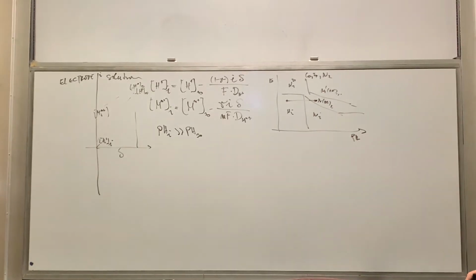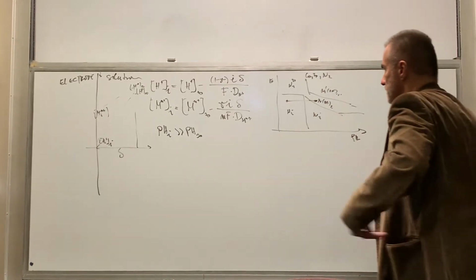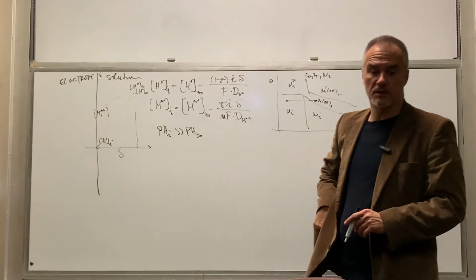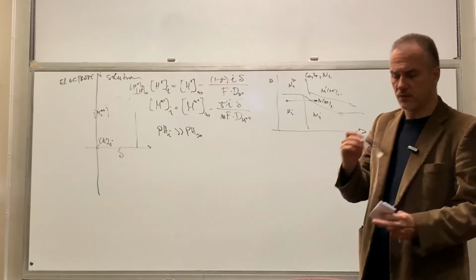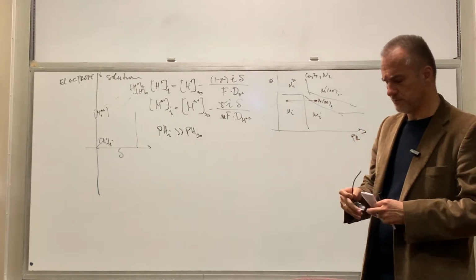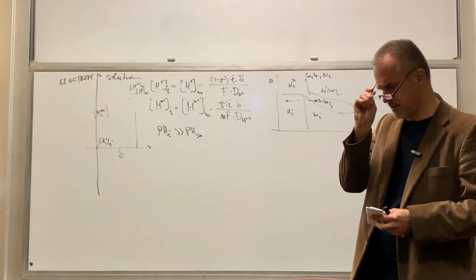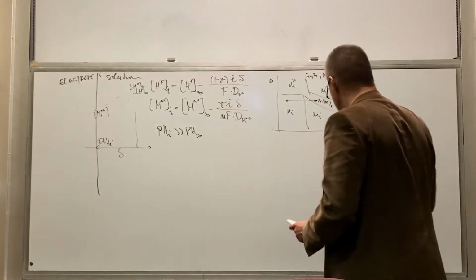Now, we give you an idea, when we talk about solubility, what kind of numbers we are talking about when it comes to these metals, so you understand where the problem is.